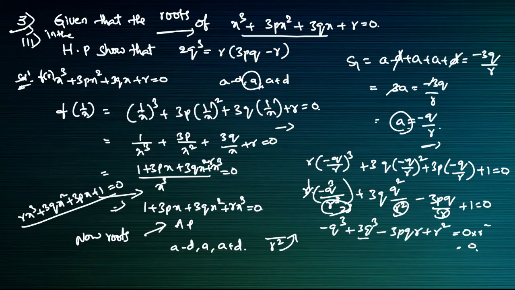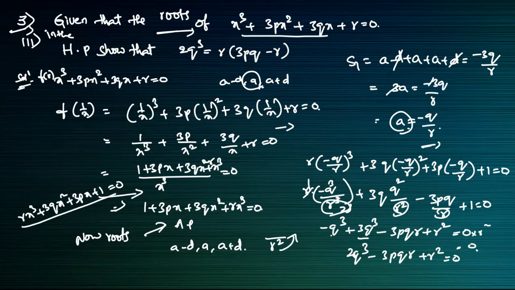So this will become 2q cube minus 3pqr plus r square is equal to 0. Okay, so r square is equal to 0, and I will send this to the right side of the equation.